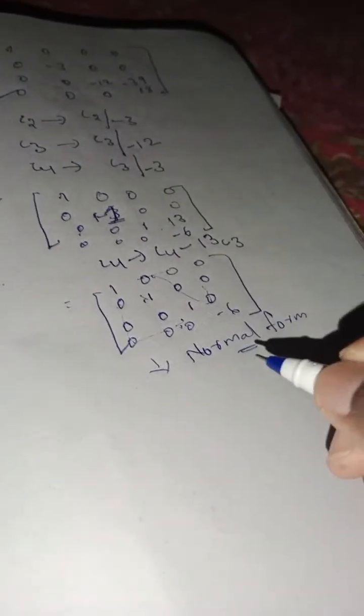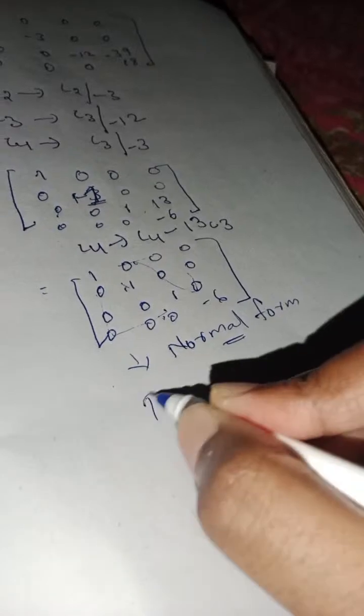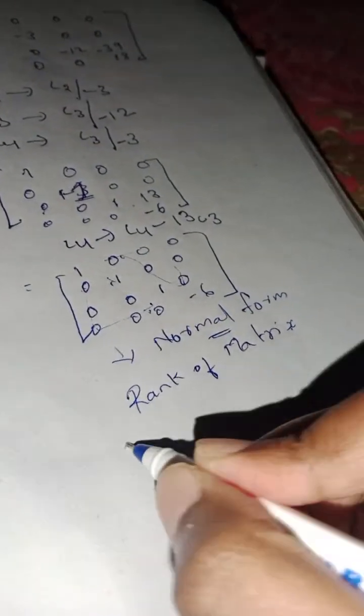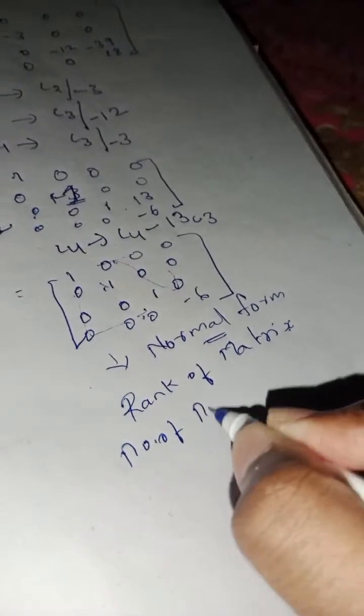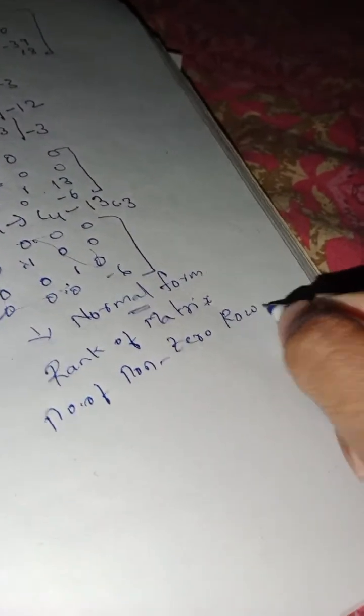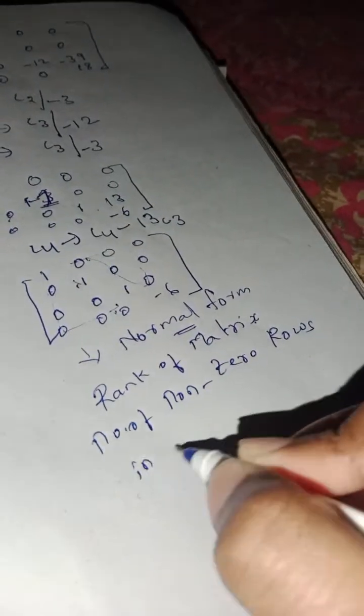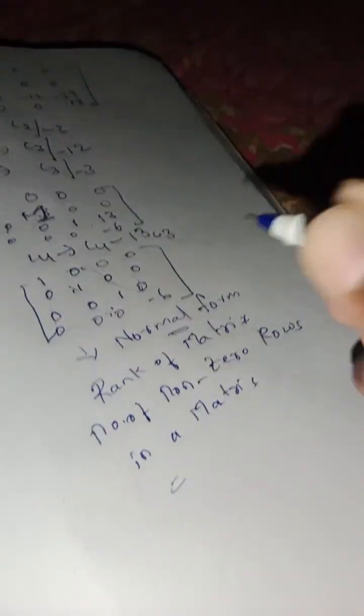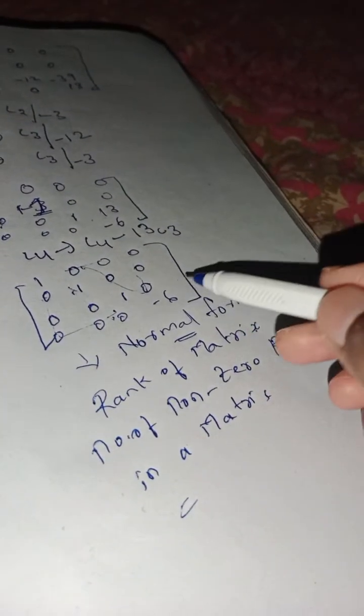So next step, what is the next step? We have to find the rank of matrix. So what will be the rank of matrix? That is number of non-zero rows in a matrix. That is equals to number of non-zero rows are 1, 2, 3, 4.